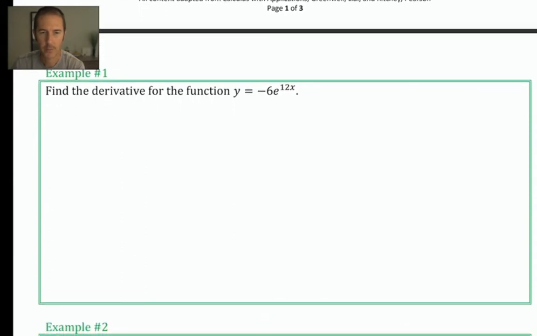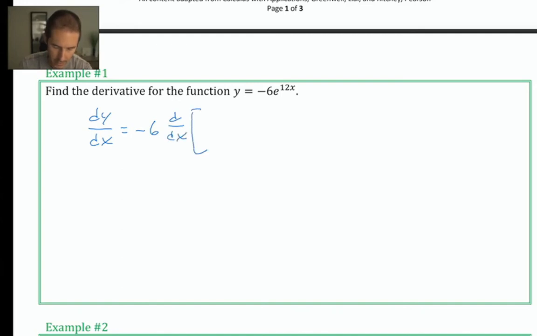So let's give this a shot. Here we want to find the derivative of this equation. So the derivative of y with respect to x will equal, so we have the multiple of -6, and we can factor that out of the derivative process. So we take the derivative with respect to x just of e to the 12x, and that multiple of -6 will still be out front.